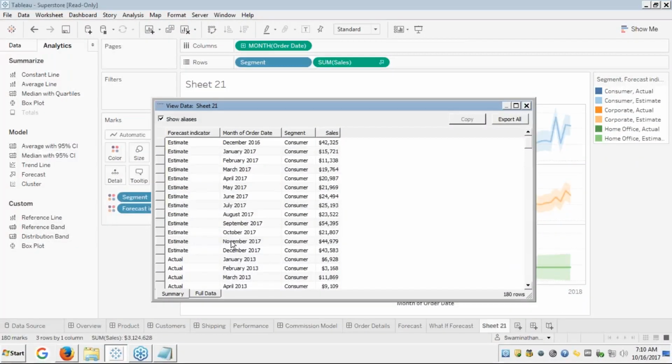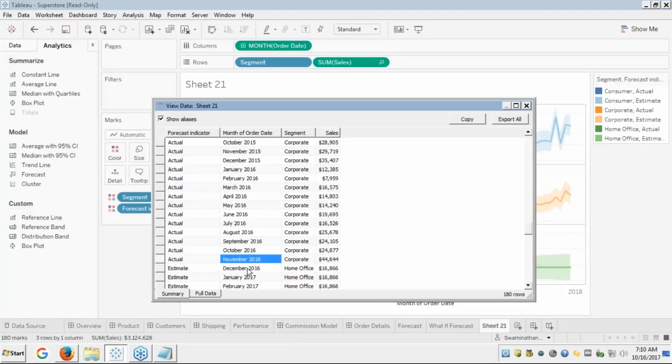So the actuals are from Jan 2013 until, I think, November. Yeah, November 2016 is the actual data.